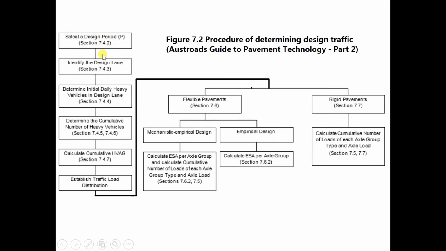All these steps we talked about just now: the design period, design length, initial daily traffic, heavy vehicles, cumulative heavy vehicles for one year, and then calculate the cumulative heavy vehicle axle group, HVAG. And from this we can establish a traffic load distribution.